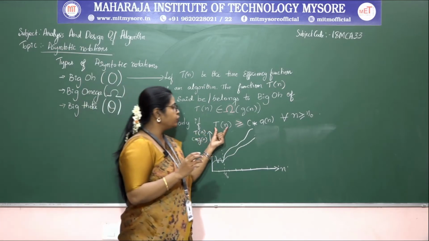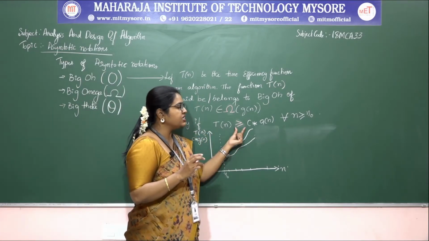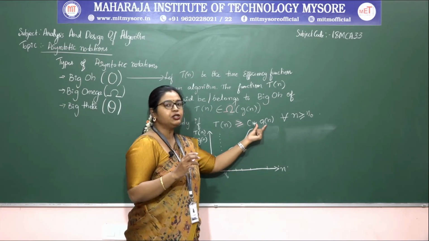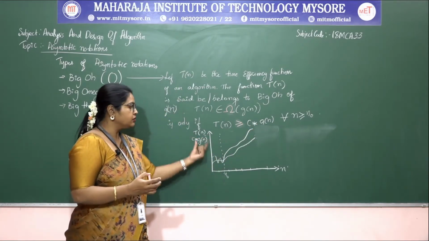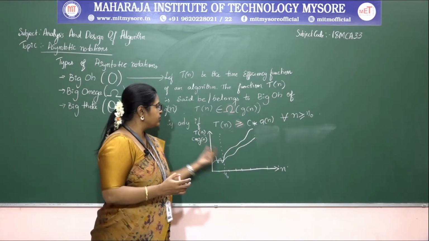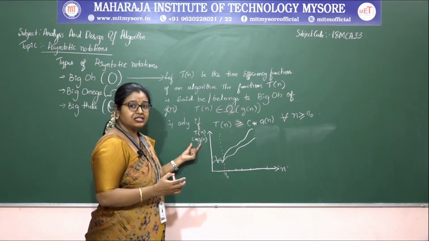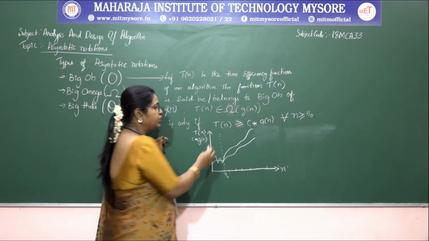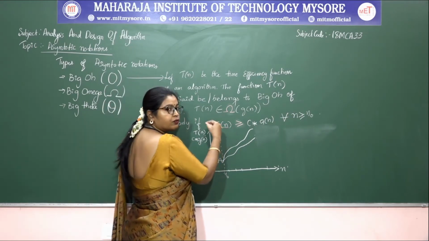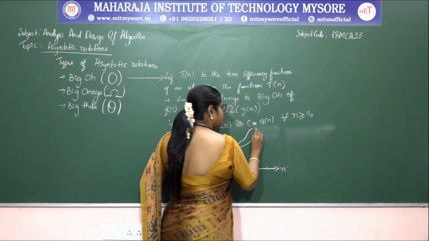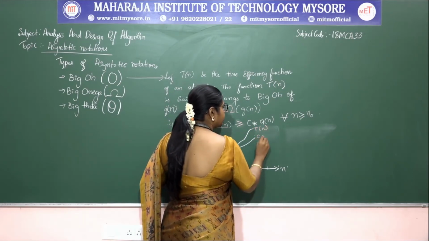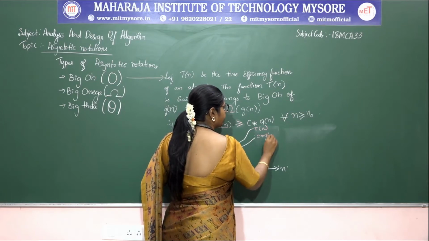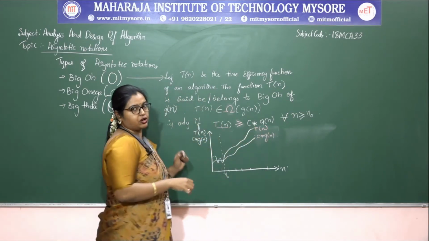Okay, the order of growth of the T of n is always greater than or equal to c into g of n. Obviously, if you construct the graph of n versus T of n and your c into g of n, definitely your T of n will be maximum and your c into g of n comes under this T of n.